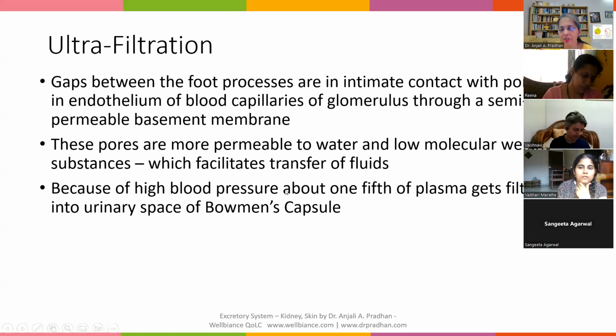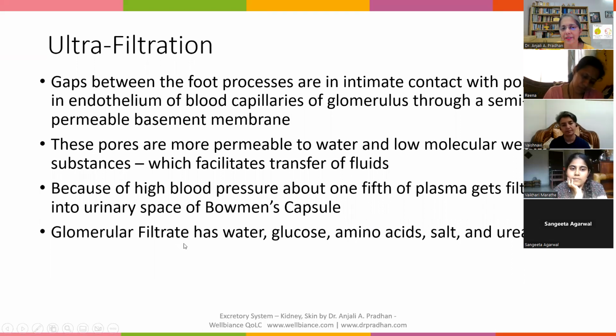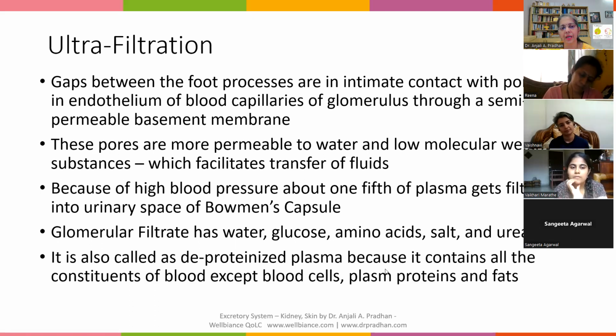Because of high blood pressure, about 1/5 of the plasma gets filtered into the urinary space of Bowman's capsule. The glomerular filtrate has water, glucose, amino acids, salts, and urea. It is also called deproteinized plasma because it contains all the constituents of blood except blood cells, plasma proteins, and fats.